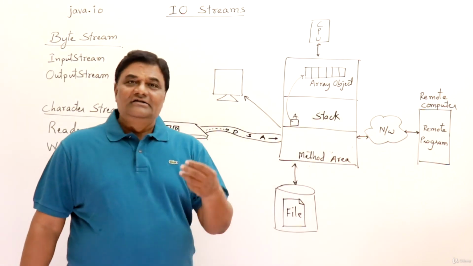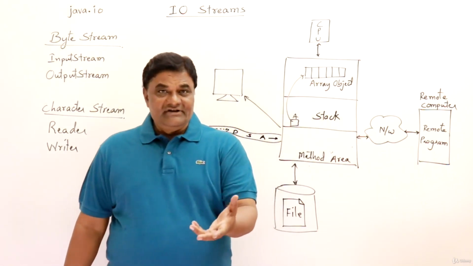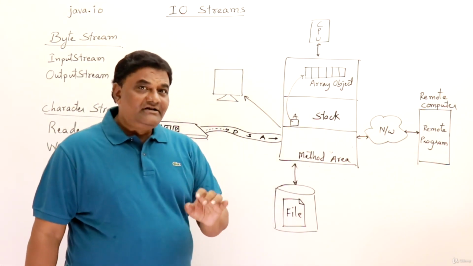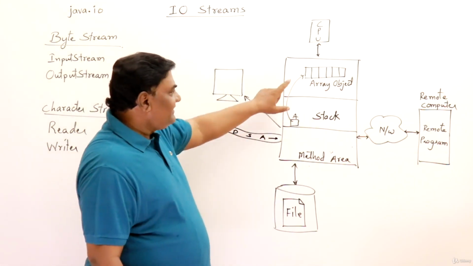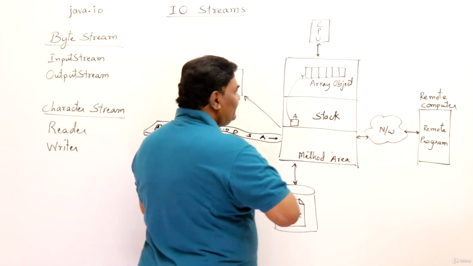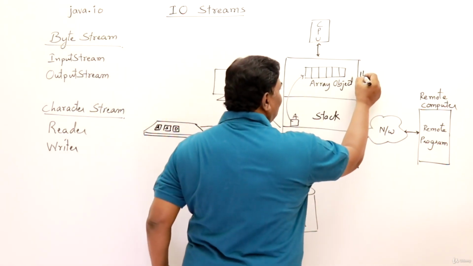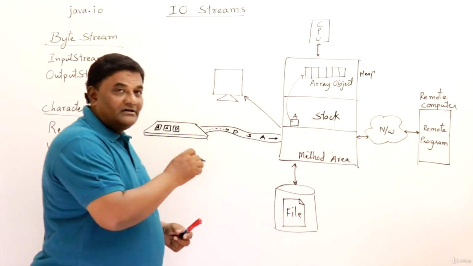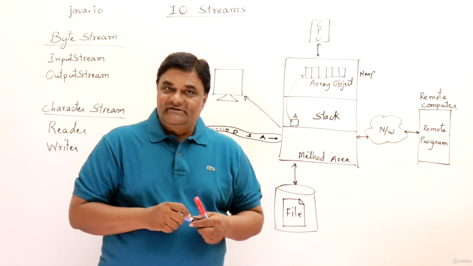This will contain the local variables and the reference variables. Then whatever objects we create using the new operator will be created in the heap. This is the heap area, right? I am showing it as an array object here. That is a heap. Now, these are the known things.